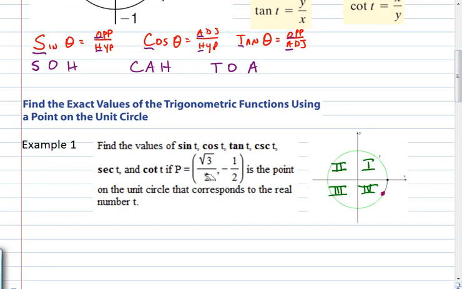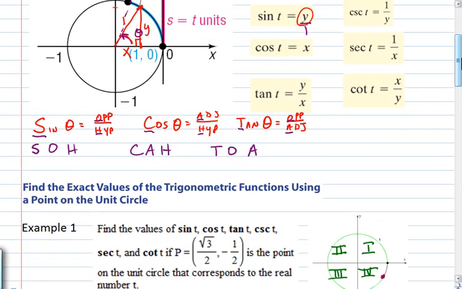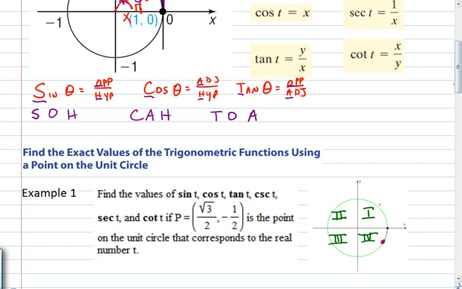If we know the value of x and y, and we know that the radius is 1, we can either use SOHCAHTOA or we can use these special trig functions, the definition of these trig functions based on the circular function, to figure out what sine and cosine and whatever of these angles are. Even though we don't know what t is, we know the points.